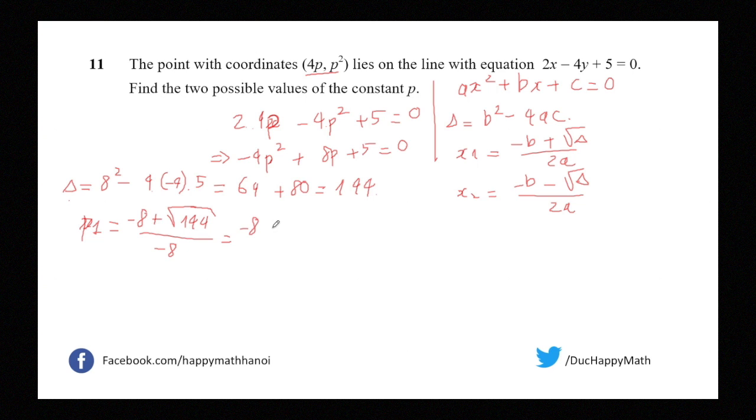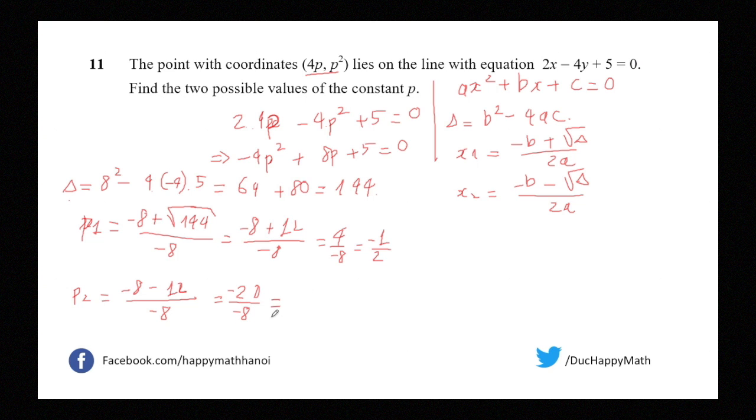So minus 8 plus 12, divided by minus 8. This means 4 divided by minus 8, and it is equal to minus 1 over 2. P2 is minus 8 minus 12, over minus 8 here, and it is equal to minus 20 divided by minus 8.